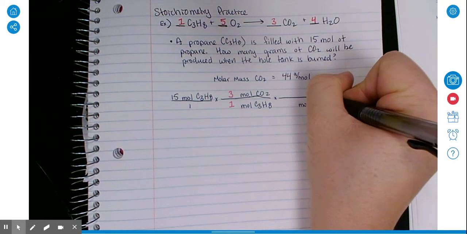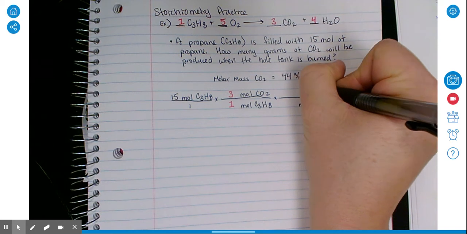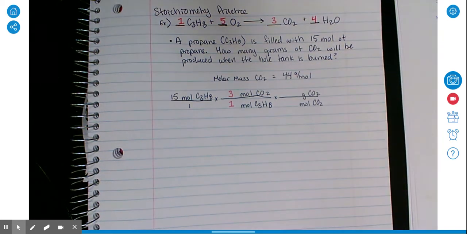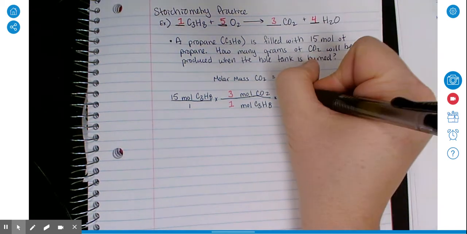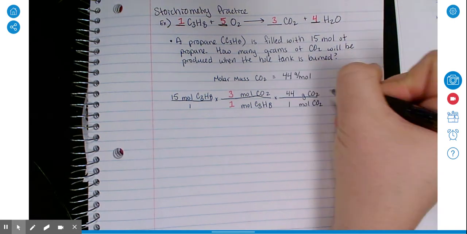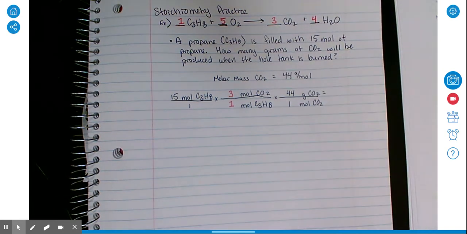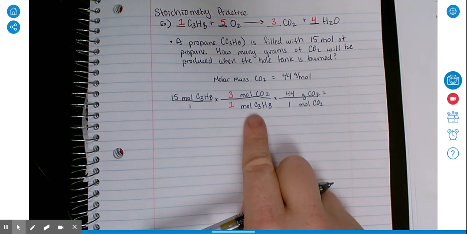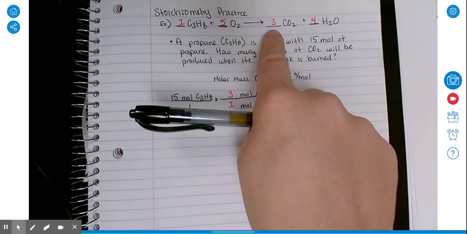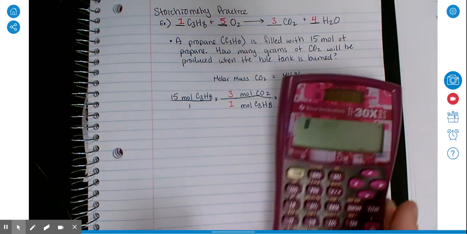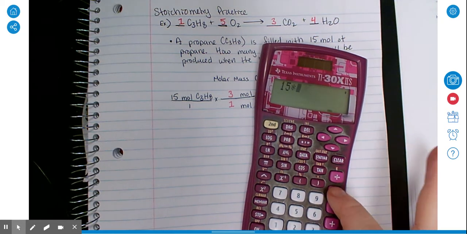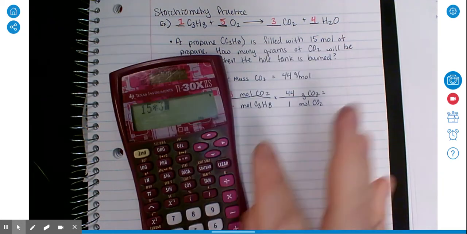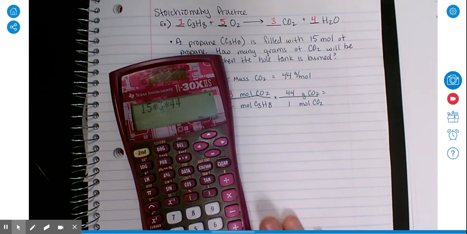Moles of CO2 needs to cancel. Grams of CO2 would be left on top. I know that there are 44 grams per every 1 mole of CO2. So the only new step is when you switch between elements, you switch using the mole ratios. 15 times 3 times 44.